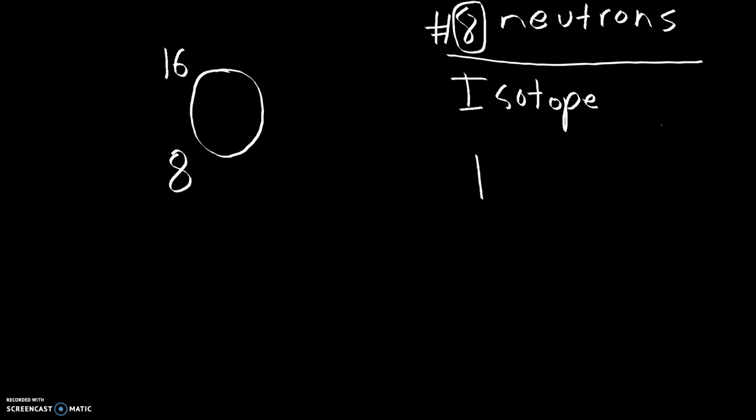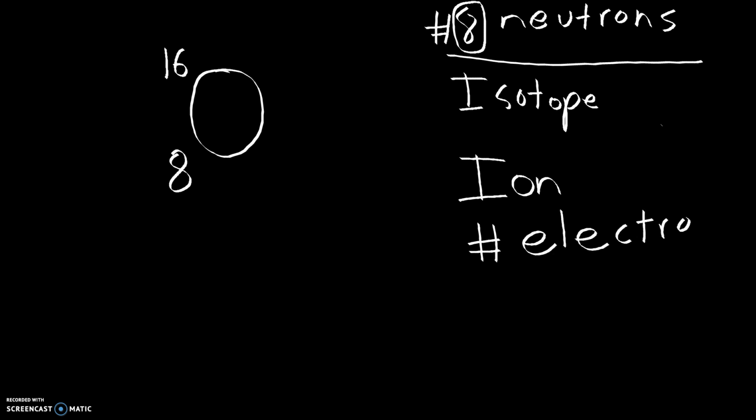Then there's also an ion. Just like an isotope is when the number of neutrons differs, an ion is when the number of electrons differs. If the number of electrons and protons are the same, then we don't put anything in this area.